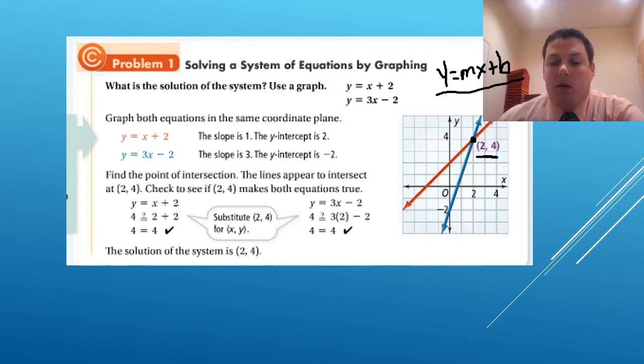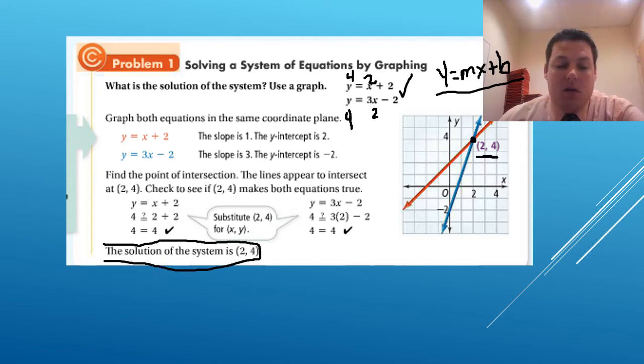So if you plug 2, 4 back into the equations up here, they both should equal, which is what they do at the bottom part of the page. So 2 plus 2 is 4, 3 times 2 is 6, minus 2 is 4. They check out. So the solution of the system, or the point of intersection, is 2, 4.